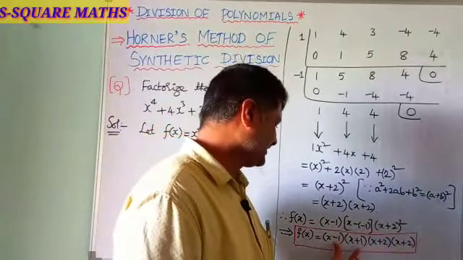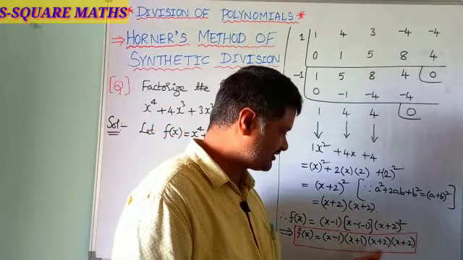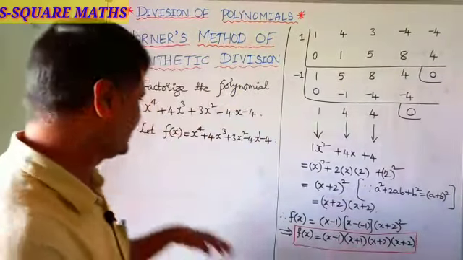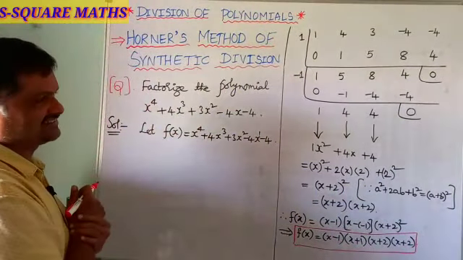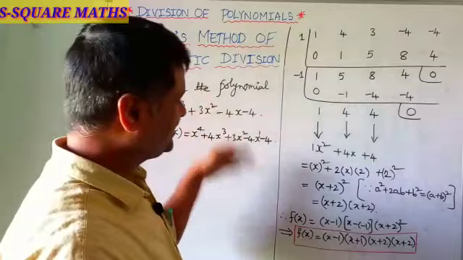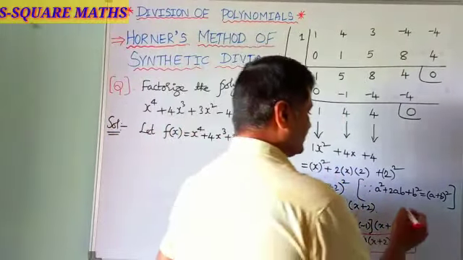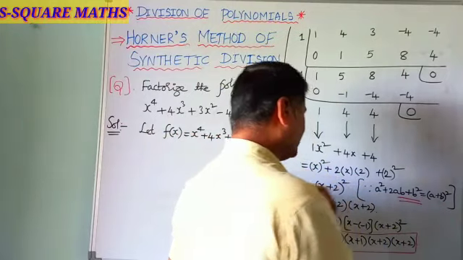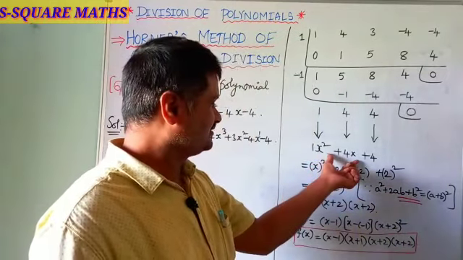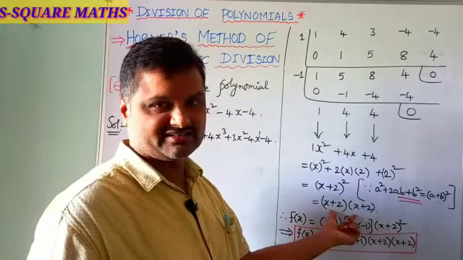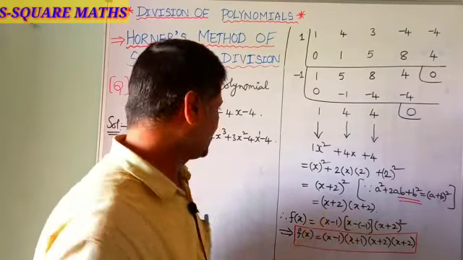If you multiply x minus 1 into x plus 1 into x plus 2 into x plus 2, we should get again our f of x. So in this way, Horner's method of synthetic division is very useful. So here we took a plus b whole square to get the remaining 2 factors, x plus 2 whole square.